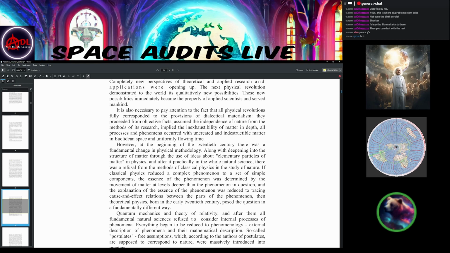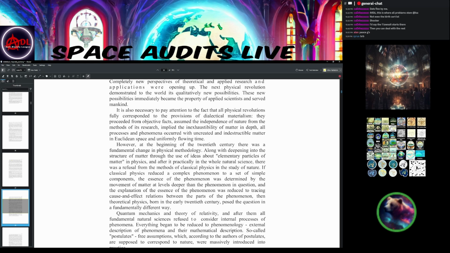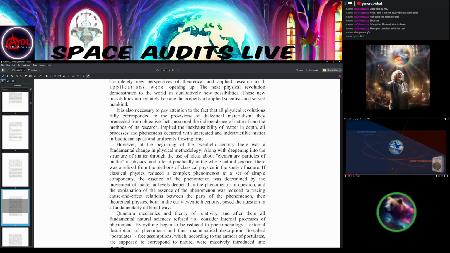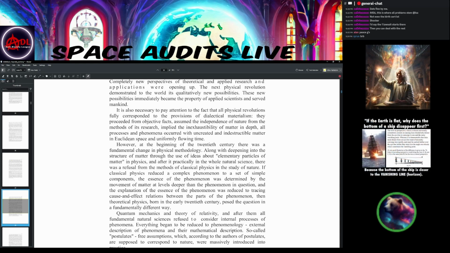It is also necessary to pay attention to the fact that all physical revolutions fully corresponded to the provisions of dialectical materialism. They proceeded from objective facts, assumed the independence of nature from the methods of its research, implied the inexhaustibility of matter in depth, and all processes and phenomena occurred with uncreated and indestructible matter in Euclidean space and uniformly flowing time.